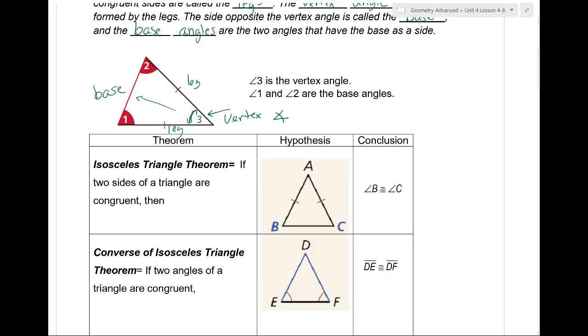If two sides of a triangle are congruent, then the angles opposite those sides are congruent. So the angles opposite those sides are congruent.